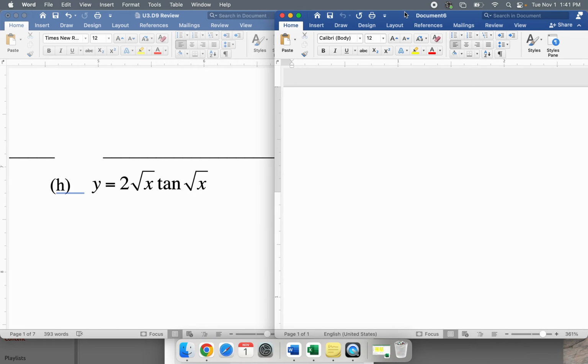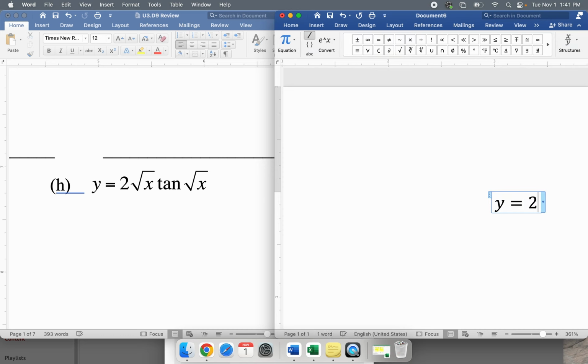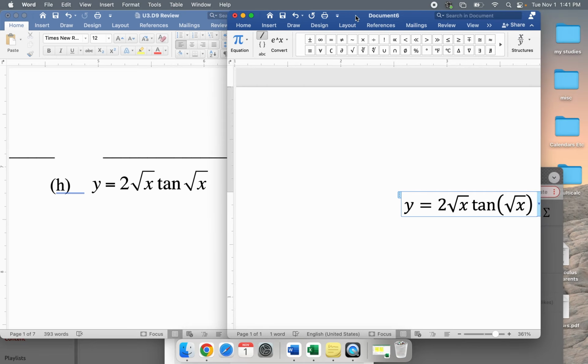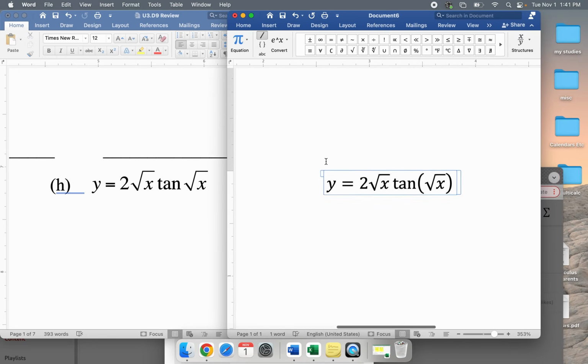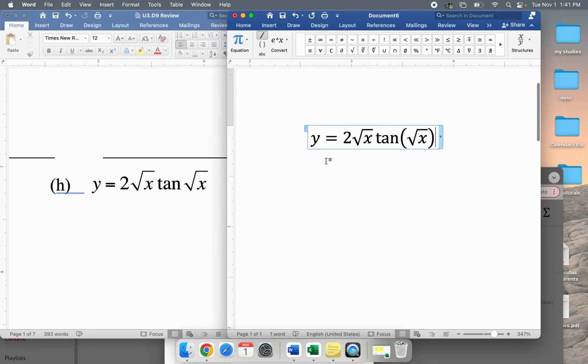So let's work on this one. We're trying to find the derivative. This is h now. Trying to find the derivative of this guy. The first thing I'd say is, like I said, this really means 2 square root of x times the tangent of square root of x. I really like to have parentheses on my trig functions, so I would first rewrite it that way. Now, what is this? Well, we need to find the derivative. I would say that this is a product rule problem. This is the first function, the 2 root x, and then the tangent root x is the second one.